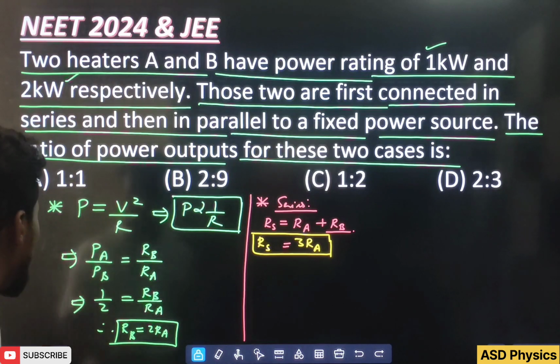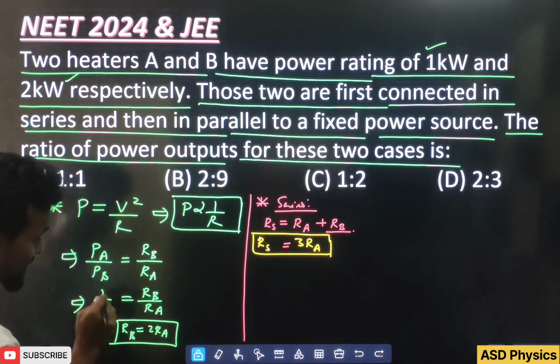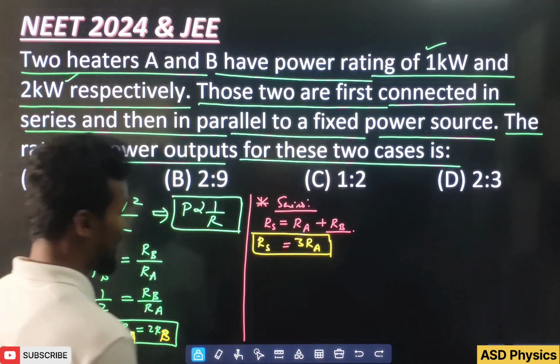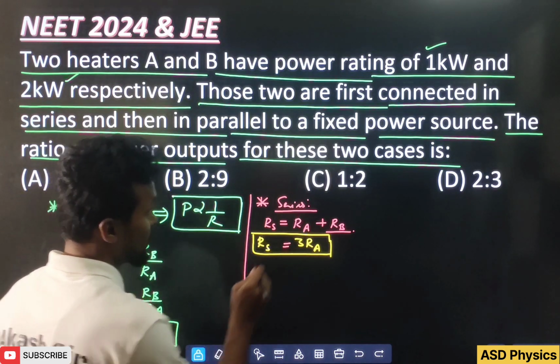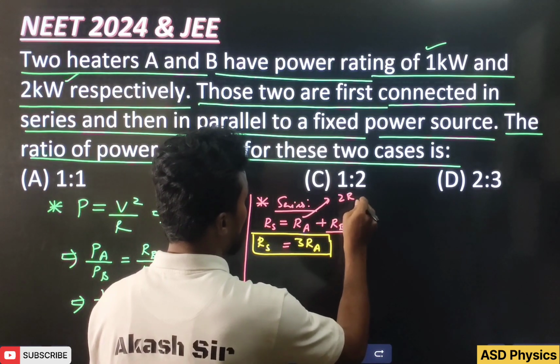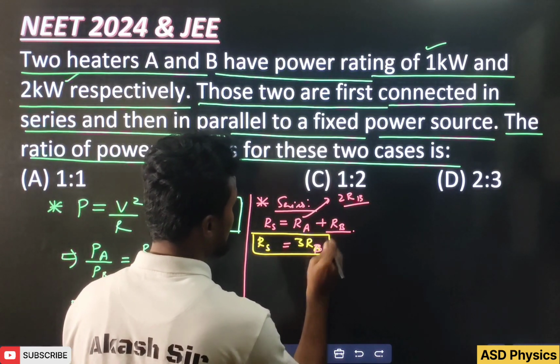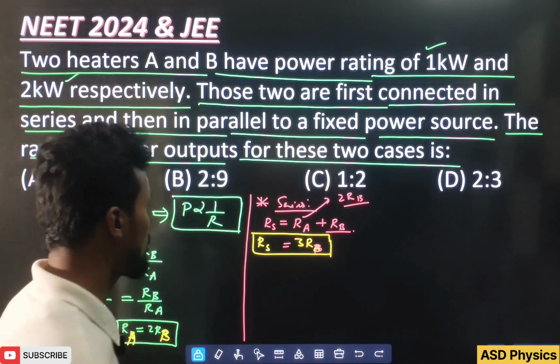It should actually be RA equal to 2RB; the mistake happened in cross multiplication. So putting RA equal to 2RB, we get 2RB plus RB, so RS is 3RB. Now, RS equal to 3RB.